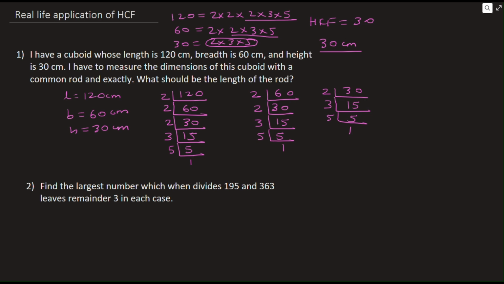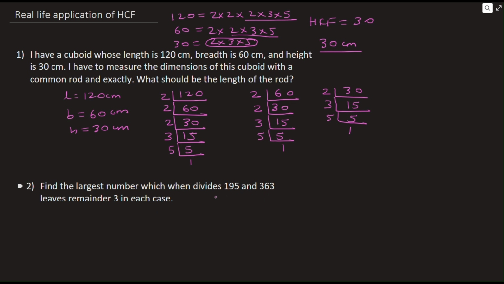Then the next real life sum is: find the largest number which when divides 195 and 363 leaves remainder 3 in each case. So basically I'm dividing two numbers and it is not these two numbers but remainder 3 is left out.